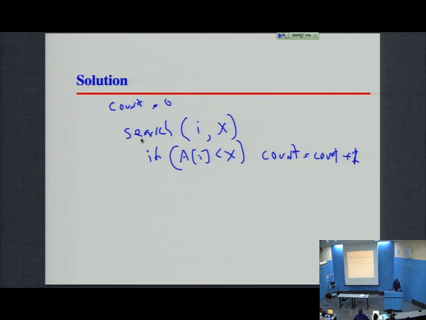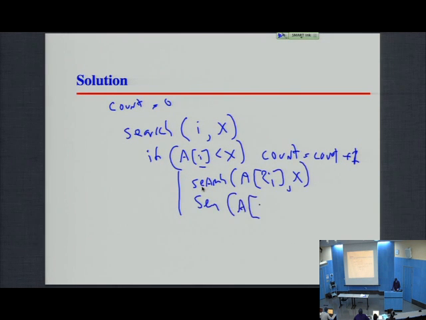I am going to now do a search on my left child. Where is the left child of node i in the heap? 2i. Search A sub 2i for x, and I'm also going to search my right child, A sub 2i plus 1, for x. See how this is recursive?